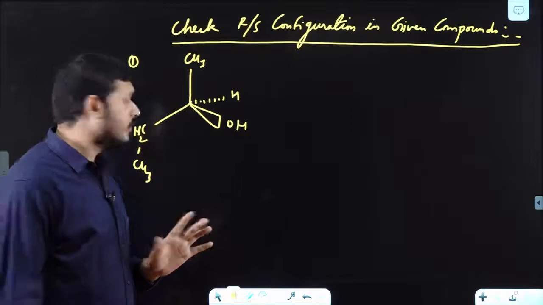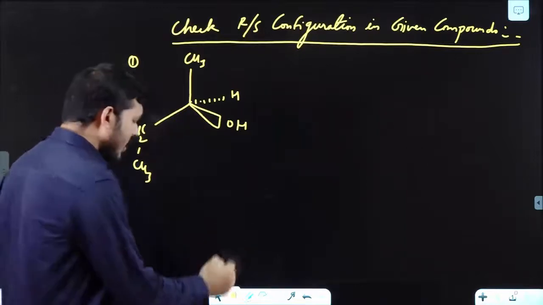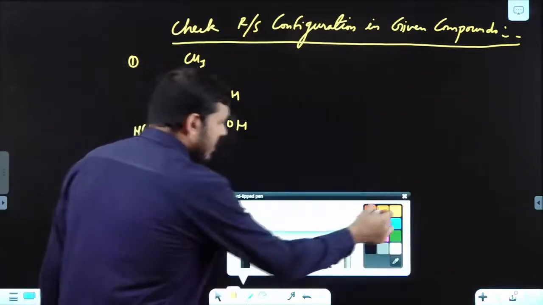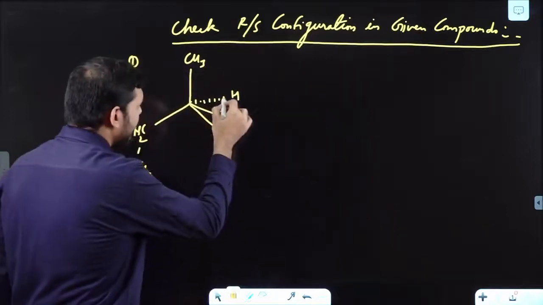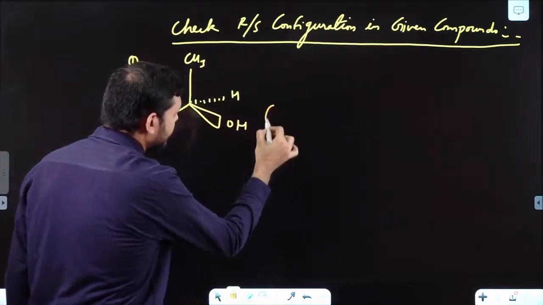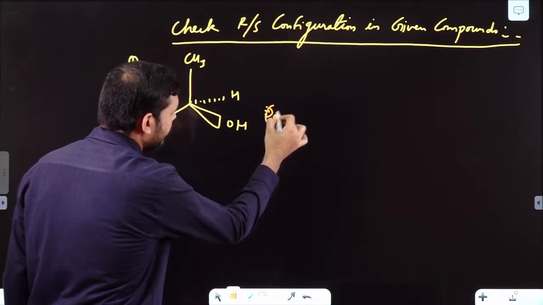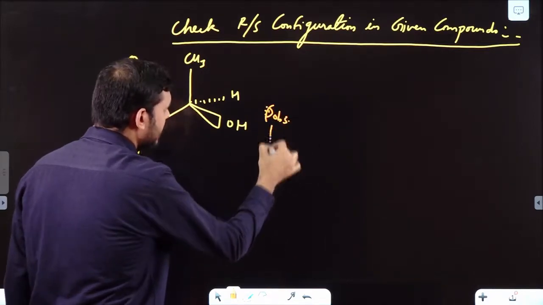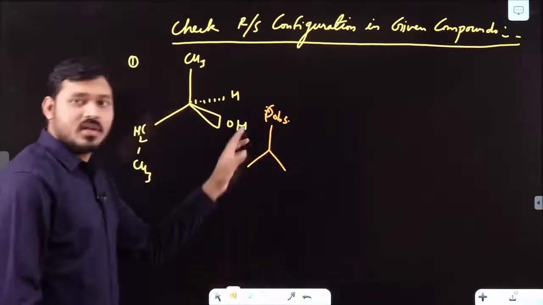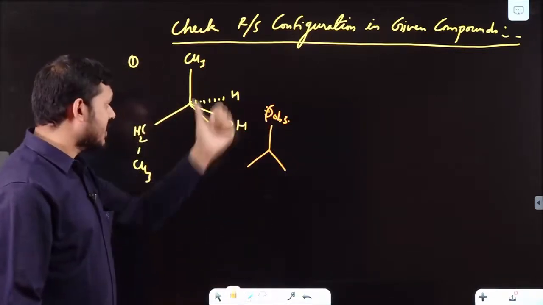What will you do? Understand, if you place your eye in between the wedge dash form as an observer, suppose you are standing like this, observing from this side.